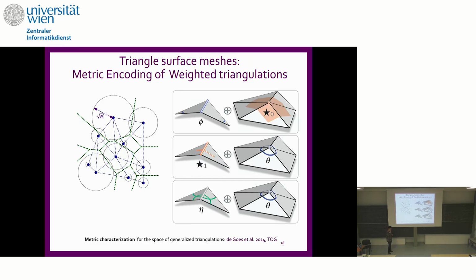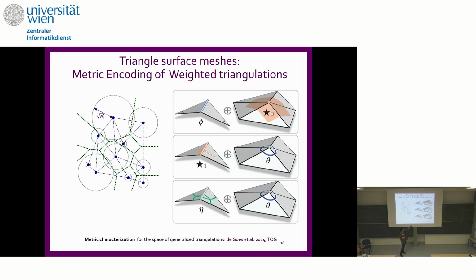So it turns out that we can cover the whole metric of these triangulations in three manners. The first one, so these are all in the discrete exterior calculus setting. That's the language that we have used. It's why I'm using Hodge star 0, etc. But it's nothing else than the area of the corresponding dual cell in the weighted Voronoi setting. And the other value that I would need would be the sum of the two opposite angles to each edge.